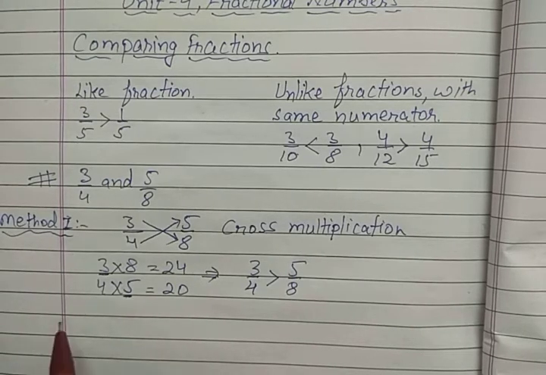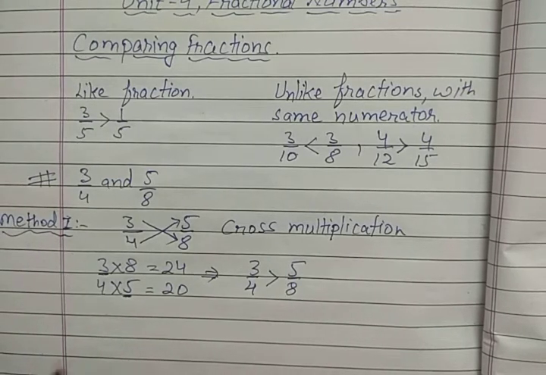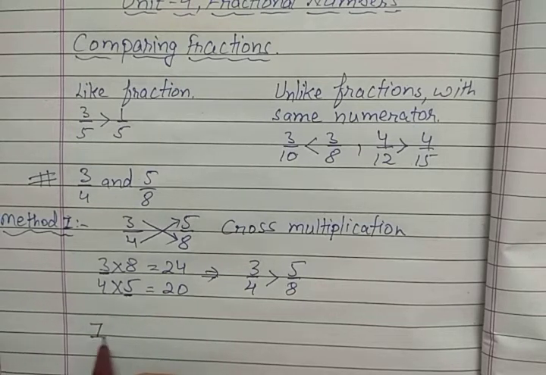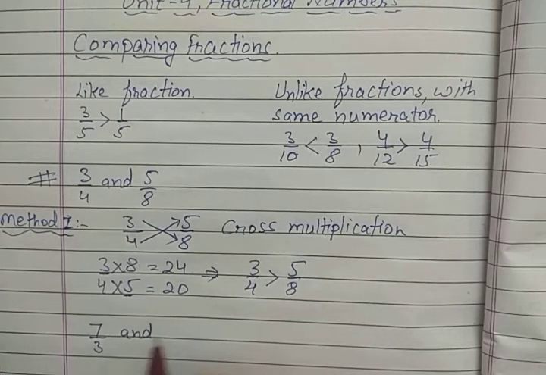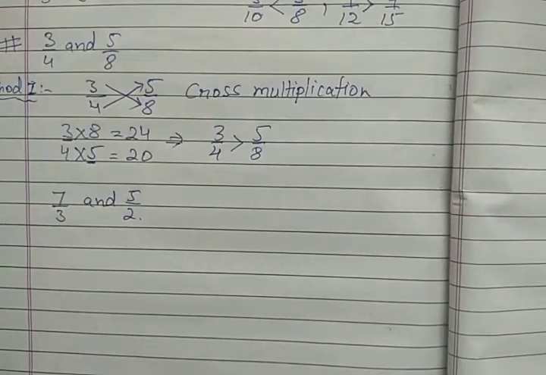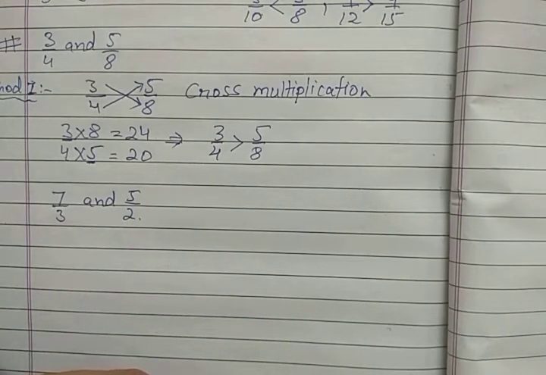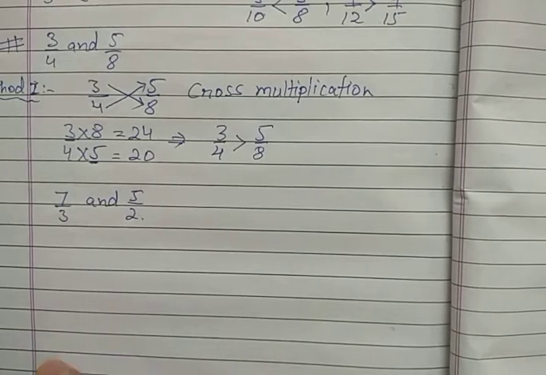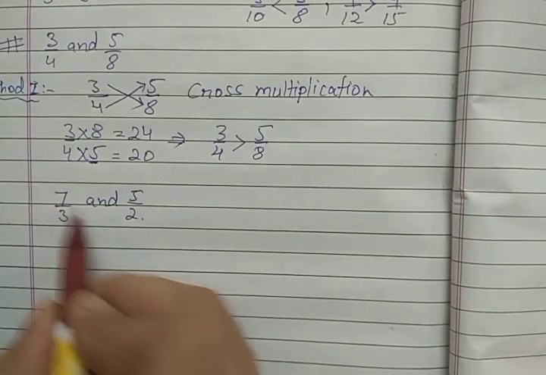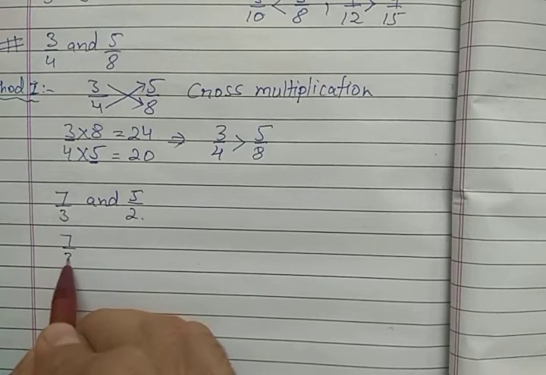Now let us take one more example, 7/3 and 5/2. Now we will compare these two fractions by the cross multiplication method. So here we will cross multiply the fractions.